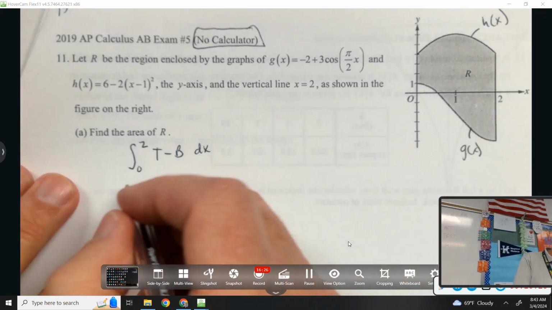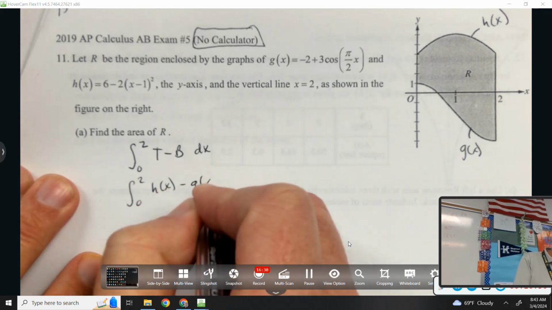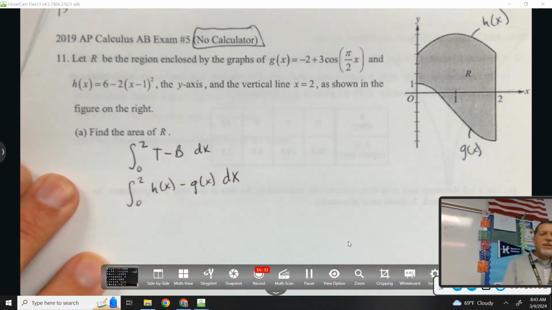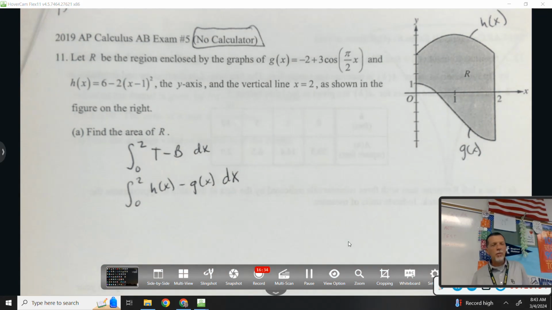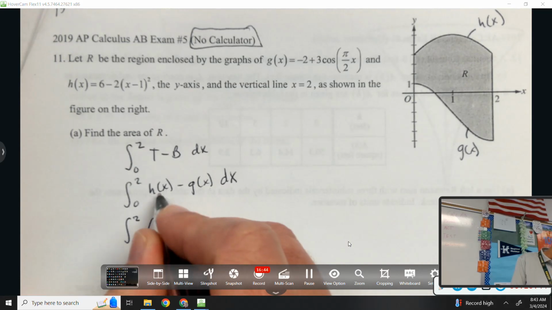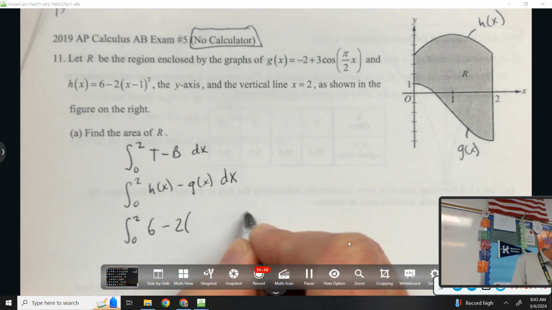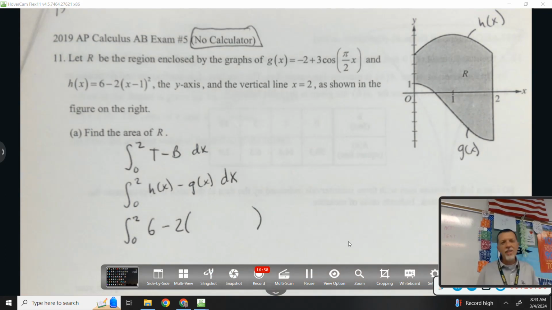Top is h of x, bottom is g of x, and if this was a calculator question, I'd be ready to go type them into the calculator. I might have had y1 and y2, but no calculator means I've got to do this by hand. So h of x is 6 minus 2 times... I'm going to square that out because I don't want to take an antiderivative of the thing squared.